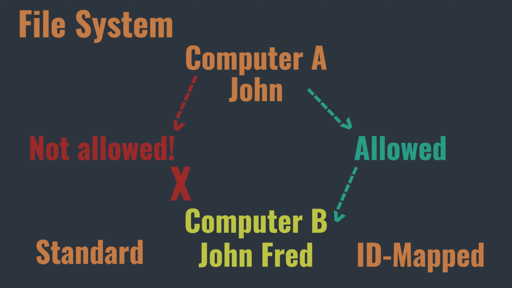Now you will be able to link those two between each other, so that if you plug a drive from computer B into computer A, you can say that John and John Frederick are the same person, thus you can go take the data without changing the permission on the disk of computer B. So that's a really fun thing that we can now take advantage of with ZoneFS and that other file system.